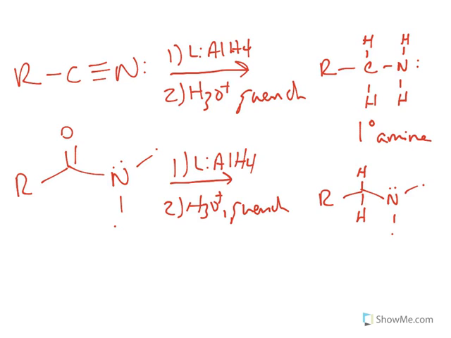And another one, I don't believe it's discussed in your textbook, but we can also reduce something called an azide. Let me get this Lewis structure correct here.